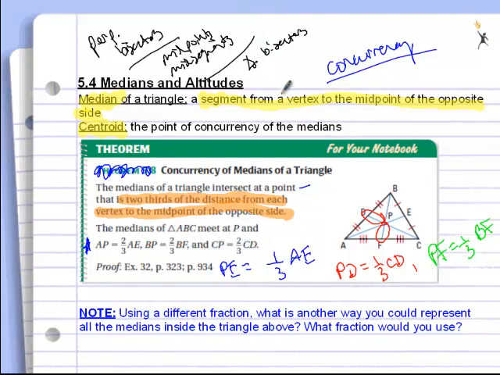Now sometimes, in a math problem, they might give you this distance, and then you need to figure out the rest. Or they might give you this distance, and you need to figure out the rest. So really it just depends on what they give you, but you need to know that there are 6 different statements you can make. 3 of them using 2/3, 3 of them using 1/3.